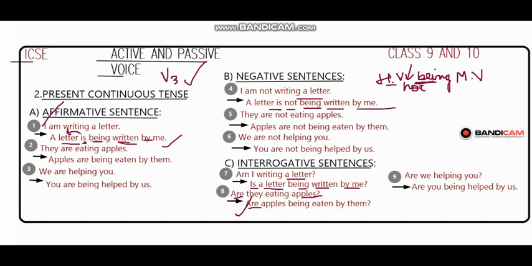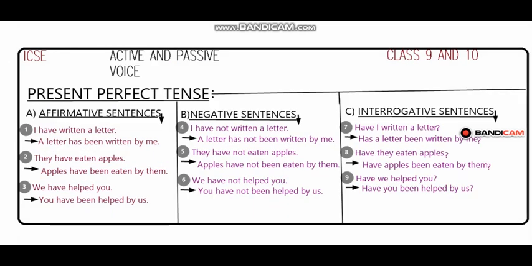Now let's move forward to present perfect tense. And now we are going to do present perfect tense, okay. I hope that the earlier part is clear to you. In the present perfect tense also, first of all we are going to do the affirmative sentences. And you know the structure we use is has or have plus verb third form in the present perfect tense.